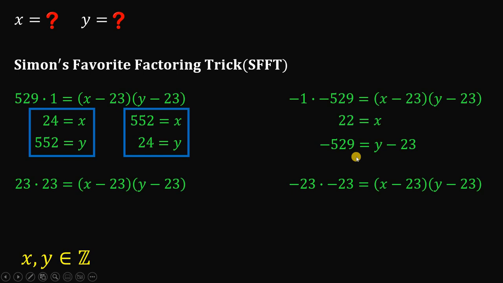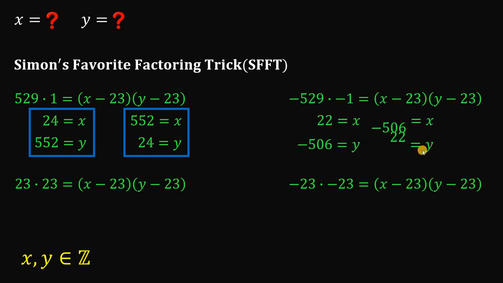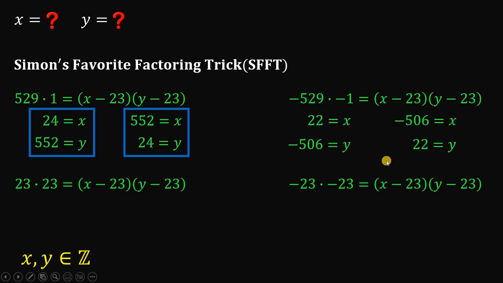And on the second equation, if we add 23 on both sides, we get y equal to negative 506. And again, if we rearrange the left-hand side as negative 529 times negative 1, then x now becomes negative 506 and y must be 22. So again, we have another pair of x and y.